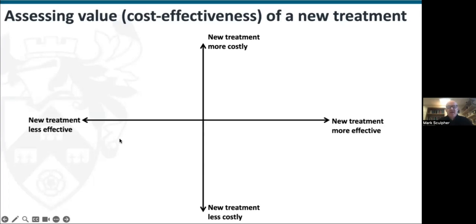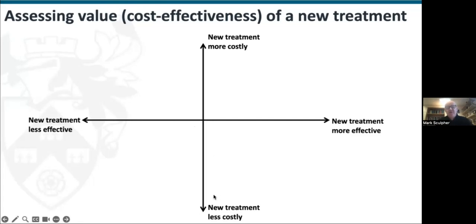They're defined because on the horizontal axis, we think about the effectiveness of the new treatment compared to the old. So compared to the origin, which is, if you like, the old treatment, to the right of the origin, the new treatment is more effective. To the left of the origin, the new treatment is less effective than the old treatment.